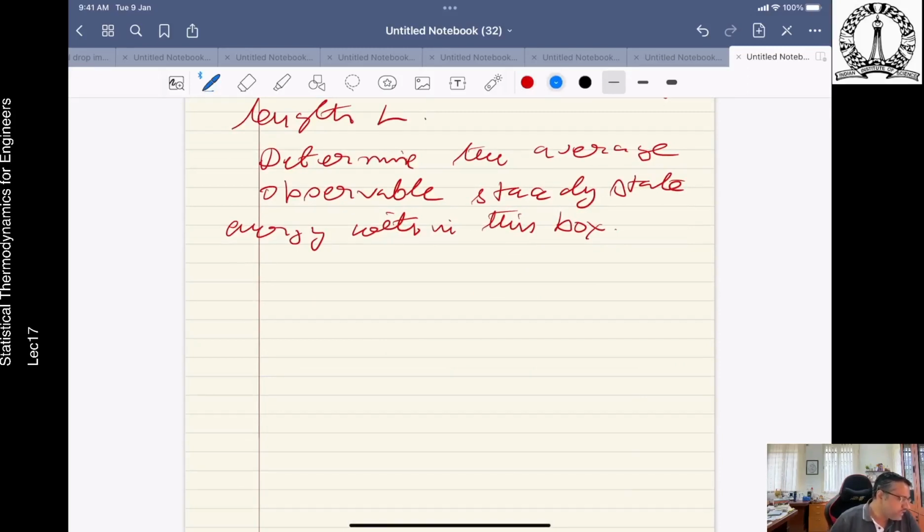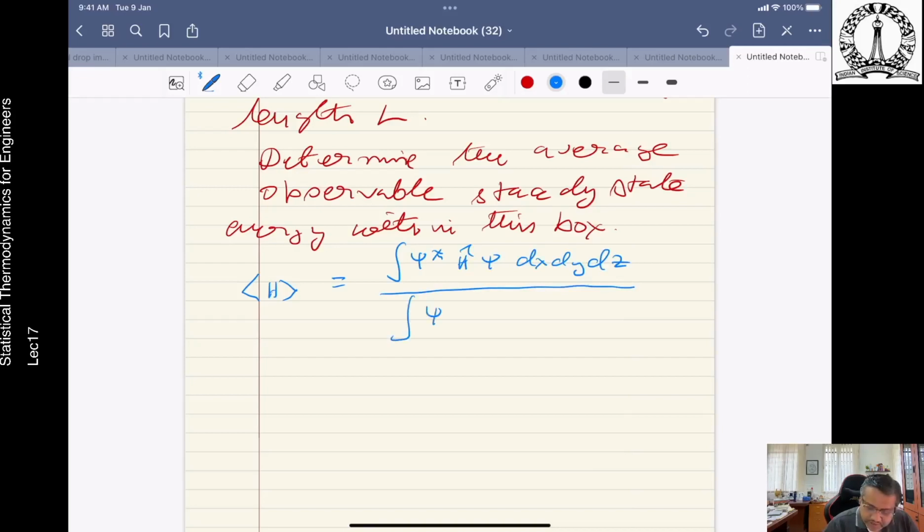Okay, so for any dynamic variable A, we already know the rule here for H. This is for the steady state energy, as we know. This is given as the integral of ψ* Ĥ ψ dx dy dz divided by the integral of ψ* ψ dx dy dz.